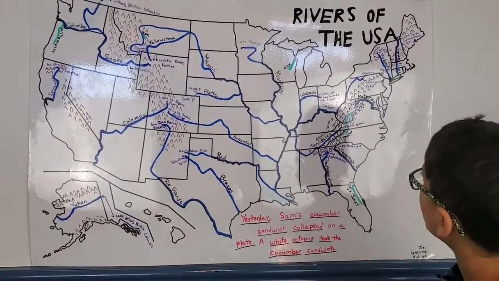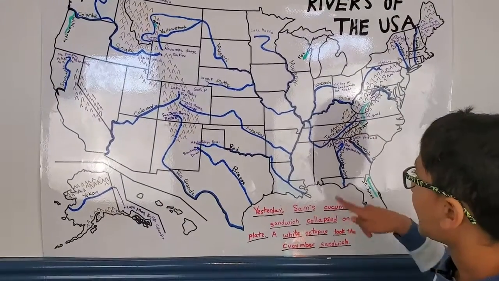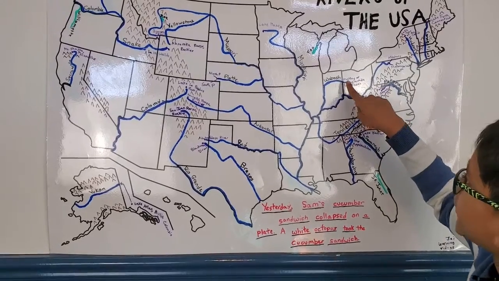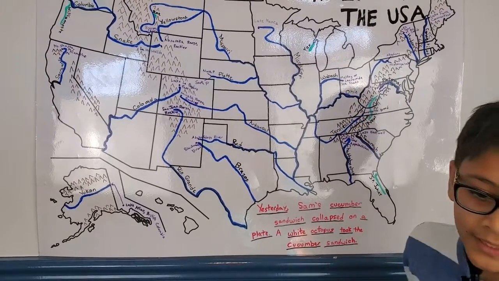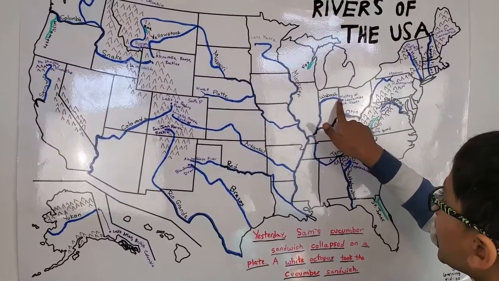The Ohio also has two major tributaries, the Wabash and the Tennessee. The Wabash is formed of the melting of an ice sheet, which is the Laurentide ice sheet in Ohio.